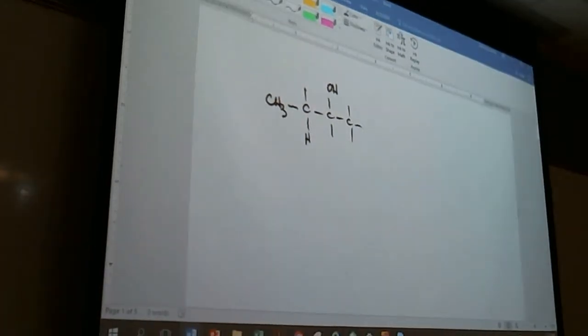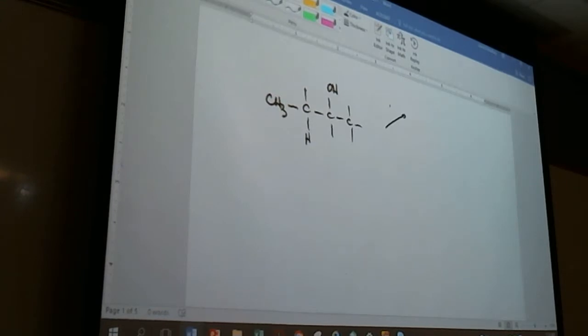What are the three ways that we know to convert an OH into a better leaving group? Tosylate. Halides. Convert it to a halide. And add it to acid, right?